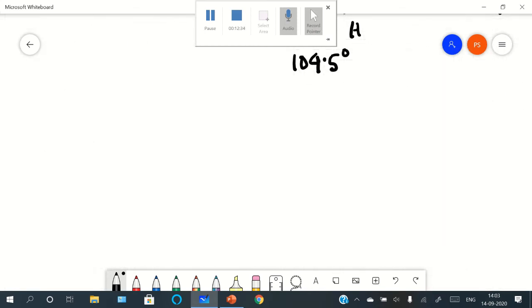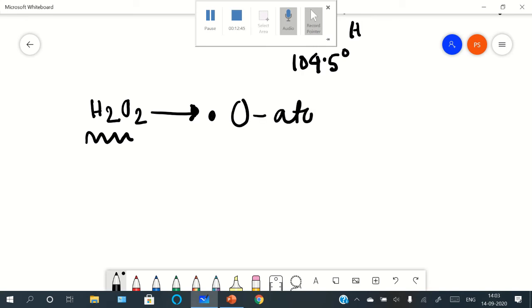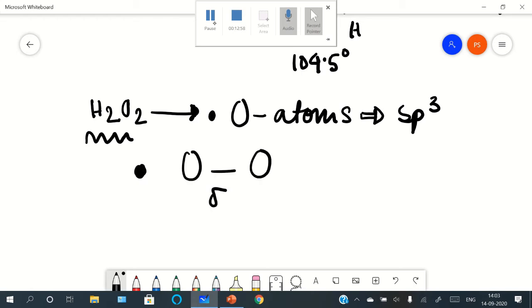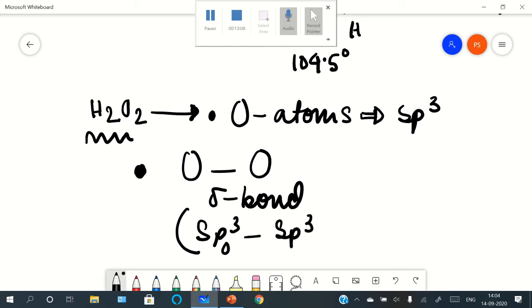That is quite different in H2O2. In H2O2, the two oxygen atoms both have sp3 hybridization. There are two types of sigma bond. One is the oxygen-oxygen sigma bond: the sp3 hybrid orbital of one oxygen combines with the sp3 hybrid orbital of another oxygen.